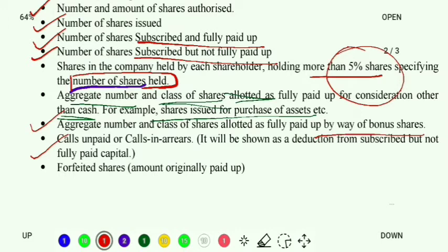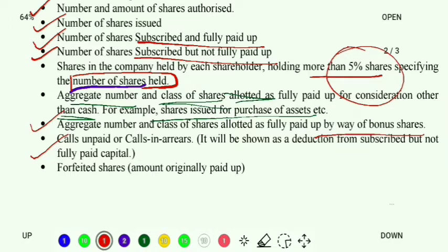This we have understood: when the company calls for money and it is unpaid by the shareholder, it is called calls in arrear. Or in case the company itself is not asking for the full amount, instead of the full 10 it is asking only 7, that means 3 is my calls in arrear. That amount will be shown under share capital.